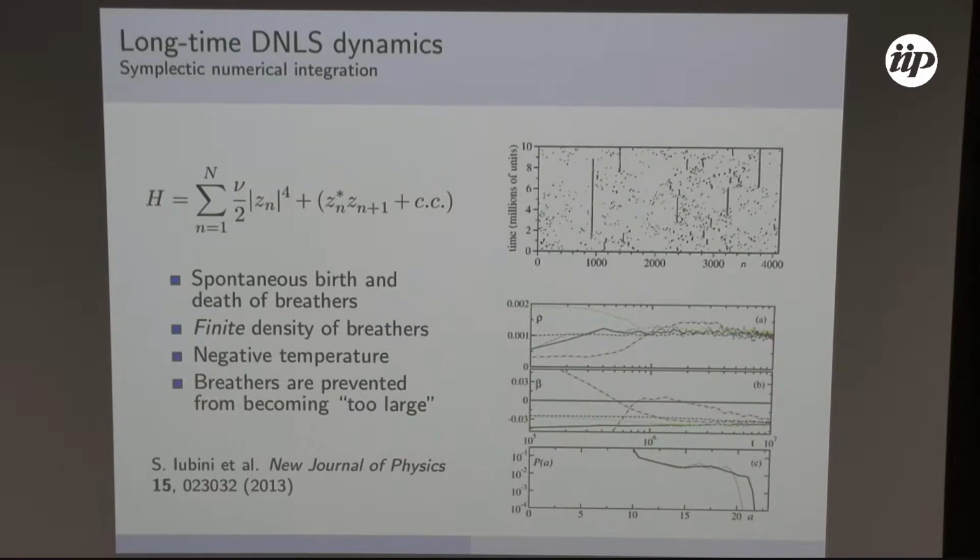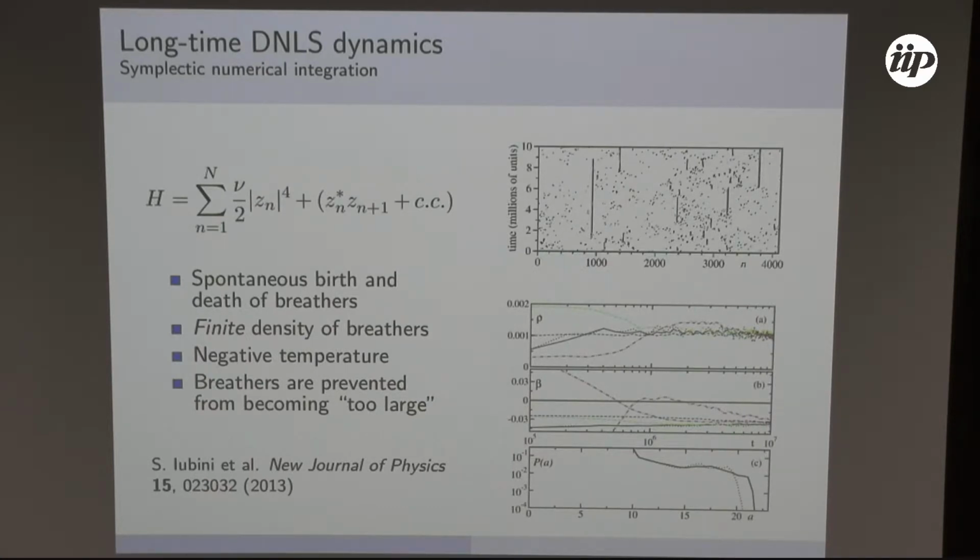You see that breathers are produced, but they display a sort of stationary behavior where breathers are continually created and destroyed. If you perform some statistical analysis, you see that independently of the initial condition that you choose, the density of breathers stays constant. If you measure the temperature according to the microcanonical definition, you see a negative temperature, not an infinite temperature.